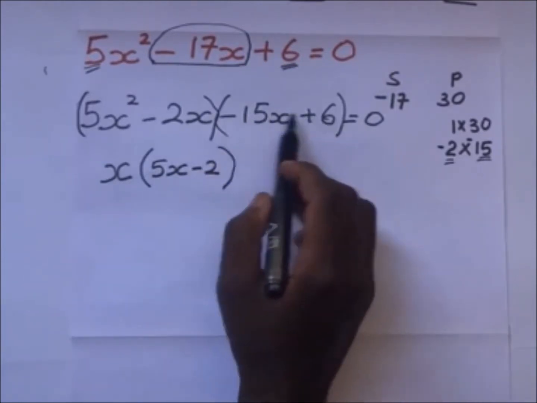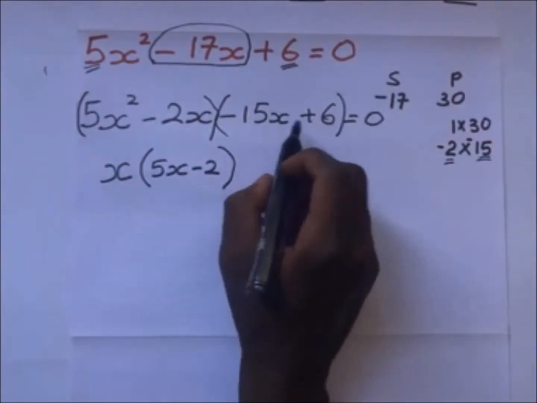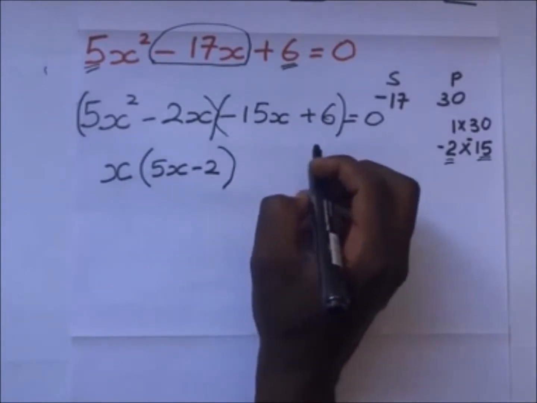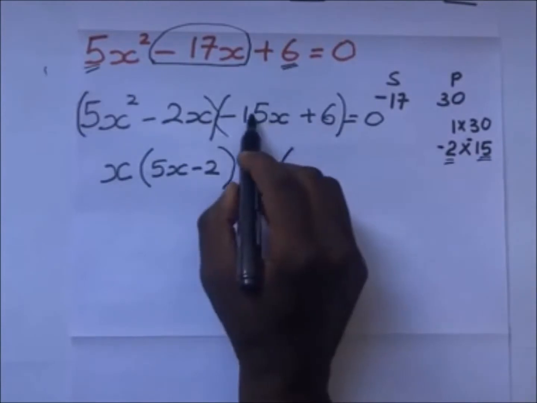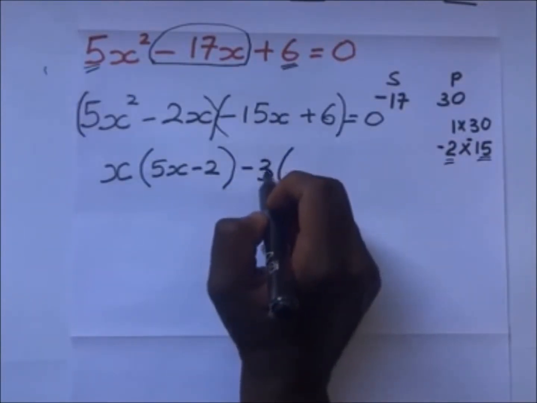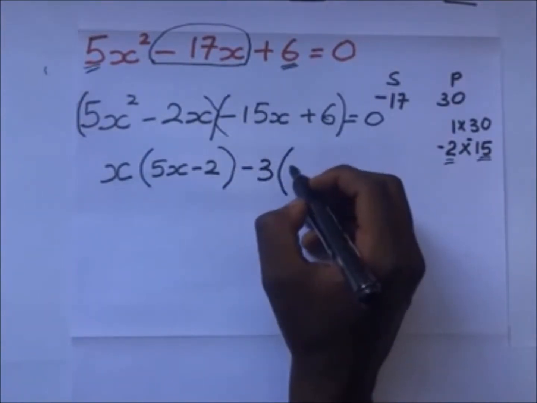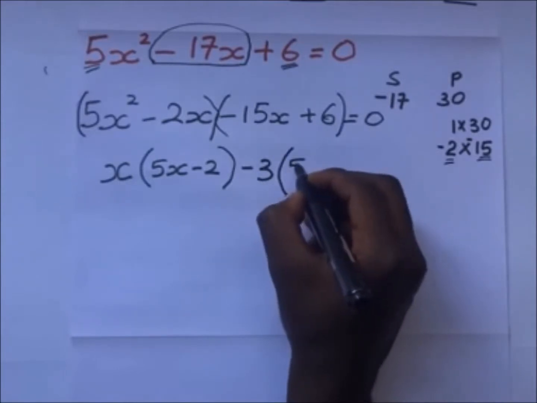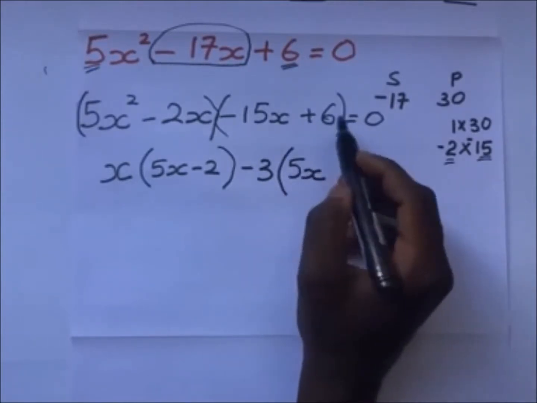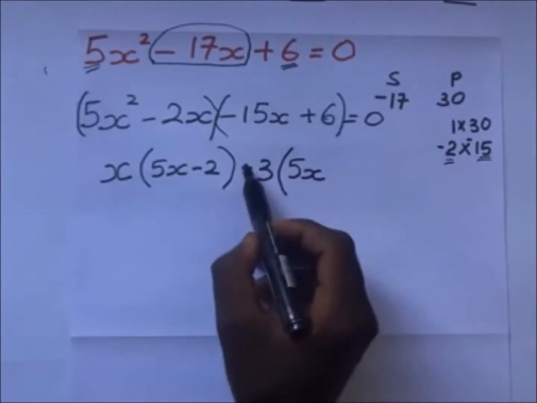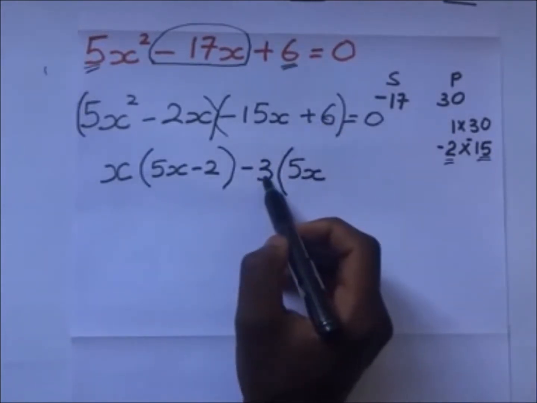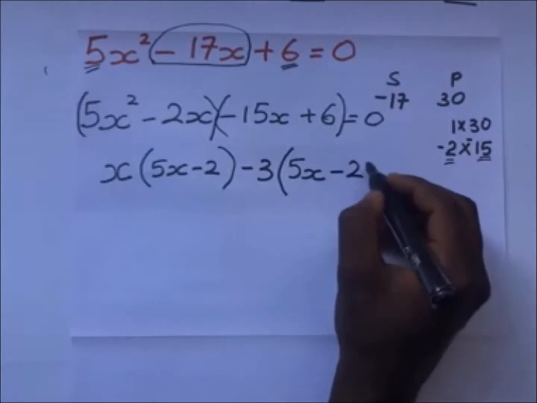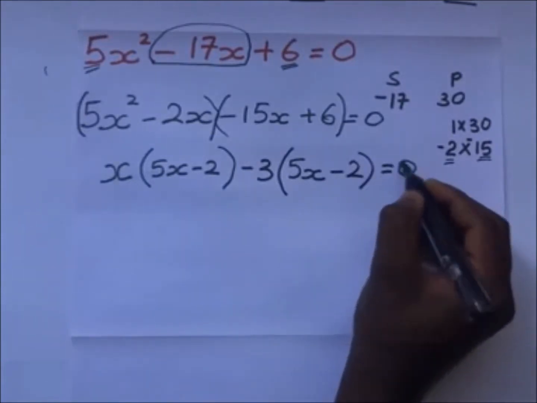Then the common factor here is negative 3, so we put negative 3 outside the brackets into 15x divided by negative 3 gives us positive 5x. Then 6 divided by negative 3 gives us negative 2, that is equal to 0.